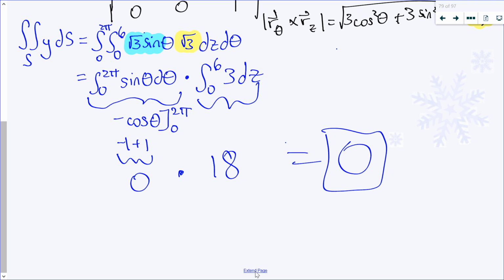You parameterized, you found r theta and r z, took the cross product, got the magnitude, filled in the new version of the integrand, and then did the double integral. Any questions?